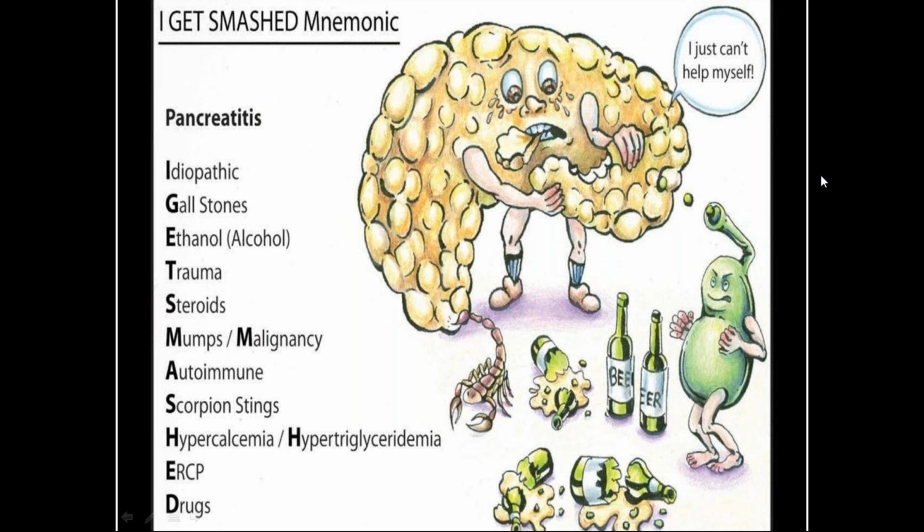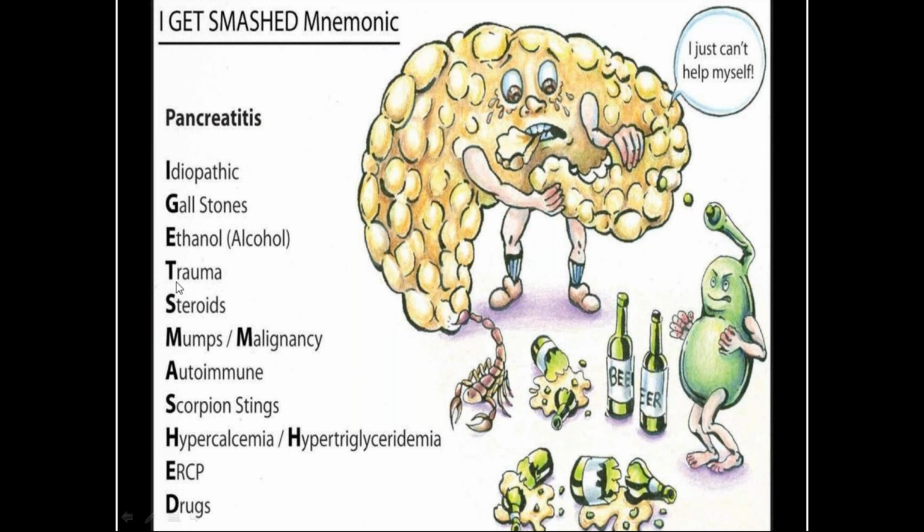So this is a mnemonic for various causes: acute pancreatitis, gets smashed. I means idiopathic, G is gallstones, which is the most common cause, E is for ethanol, alcohol, the second most common cause, and T is for trauma, mostly seen in blunt trauma episodes. The pancreas is relatively protected by its location, so in severe injuries it could get affected.